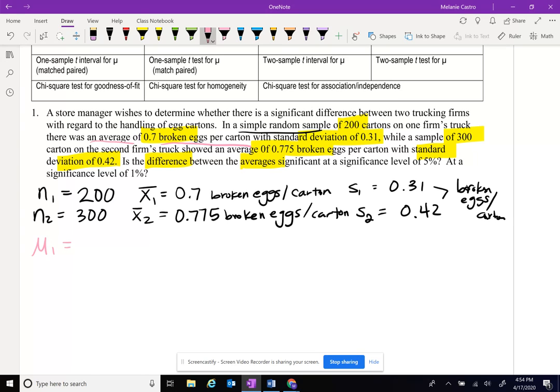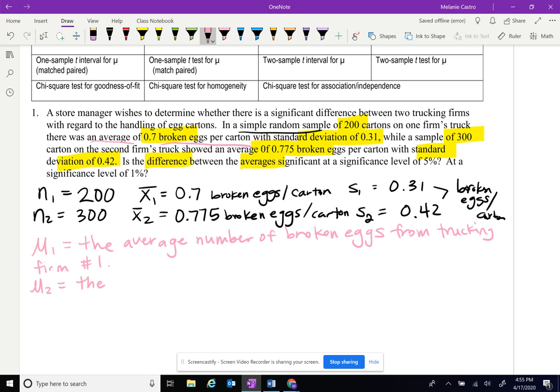We're going to define that as the average, or you could say the mean number, of broken eggs from trucking firm number 1. And then mu sub 2 is going to be the average number of broken eggs, I guess I should say per carton.